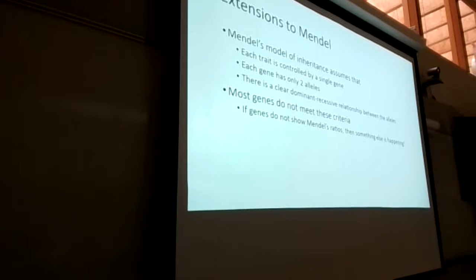So Mendel's genetics assumes that one trait is controlled by one gene. Each gene has only 2 alleles. Look around this room at everybody's hair color. There's more than 2 hair colors here, yeah? And then there's a clear dominant and recessive relationship between these 2 alleles.